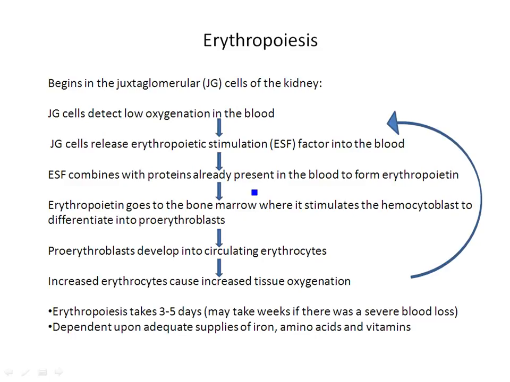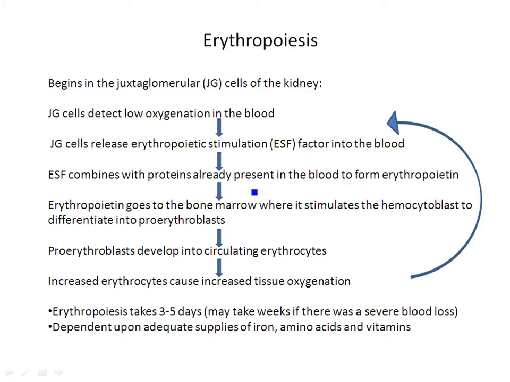All right, so let's look at erythropoiesis and how it actually occurs. It all begins in the juxtaglomerular cells of your kidney. And you're going, what? Well, it turns out that your kidneys are very much in tune with what's going on in your blood, because they perfuse, about 1.2 liters of blood actually goes through your kidneys every minute.